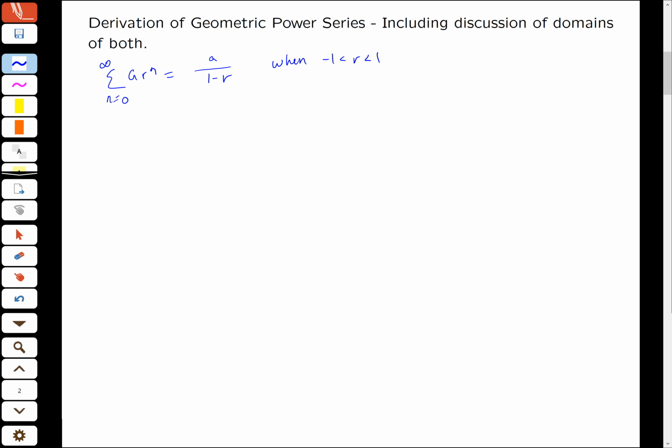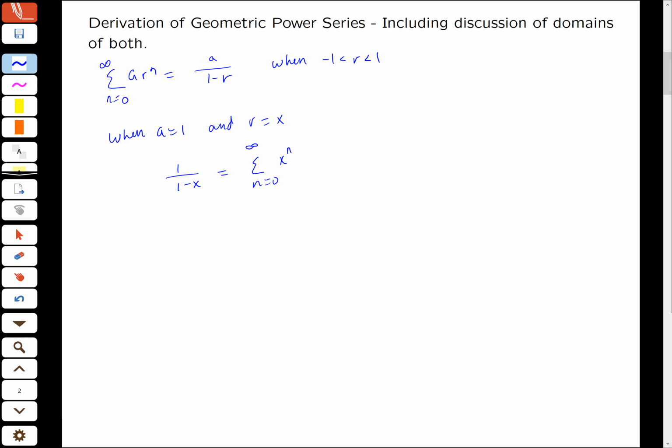So, if I were going to say a equals 1 and r equals x, I would have the function 1 over 1 minus x has to be equal to the sum n equals 0 to infinity of x to the n. Does that make sense? A is 1, so in my formula right here, I replace a with 1 and I replace r with x.